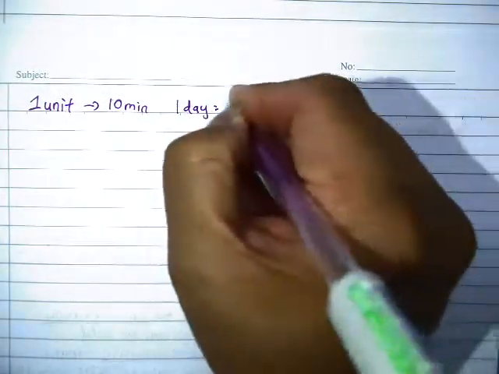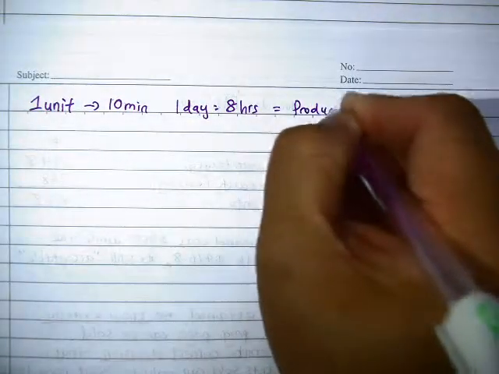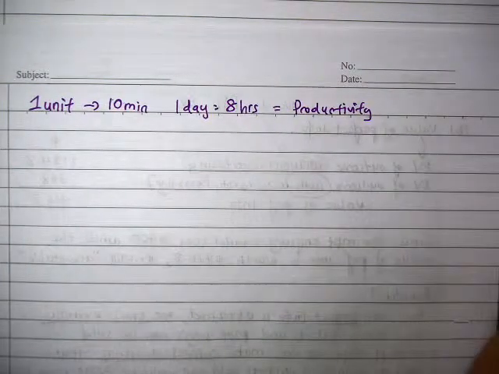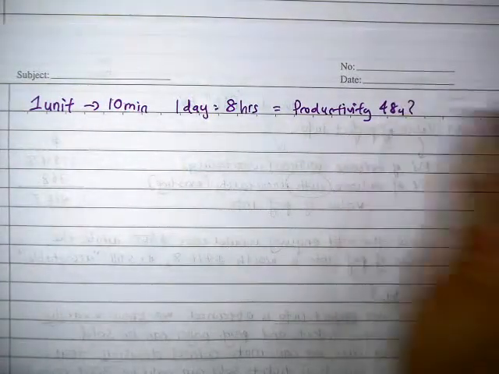Let's say, for example, my factory: if one unit takes 10 minutes and one day I work 8 hours, am I right that we have a productivity of how many units? 48.